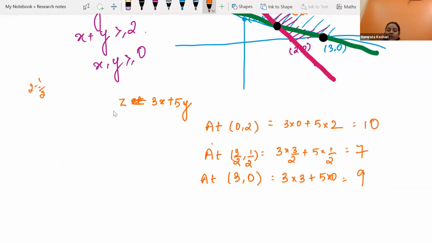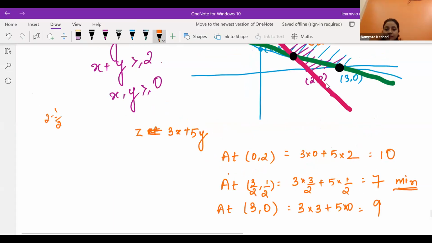7. But since we are having an unbounded region, we cannot say this is the minimum value, right? Yes. Okay. So what extra steps do we have to perform for the unbounded case, Annapurna?